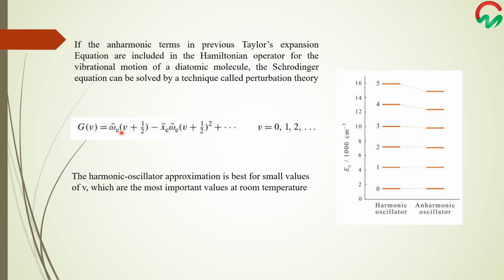Here x_e is the anharmonic correction, which is very small compared to the harmonic oscillator, and x_e is very much less than 1. The harmonic oscillator approximation is best for small values of v, which are the most important values at room temperature. Here in this equation you can see the harmonic oscillator energy levels and the anharmonic oscillator energy levels.